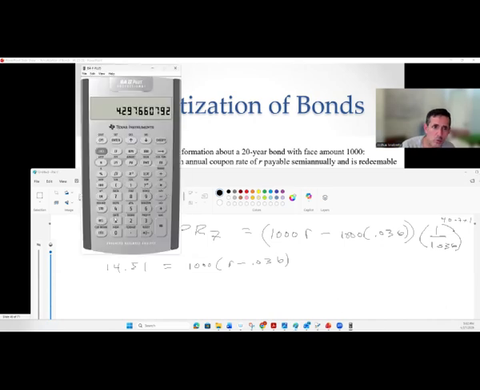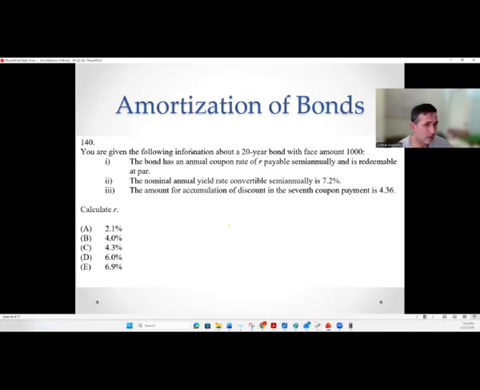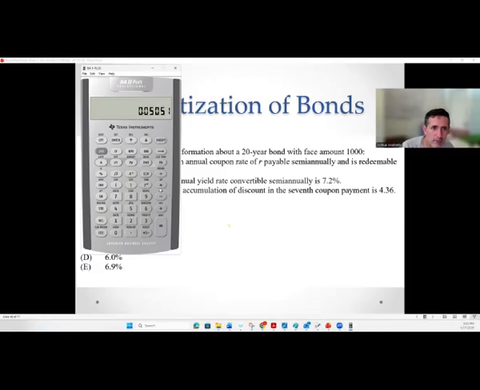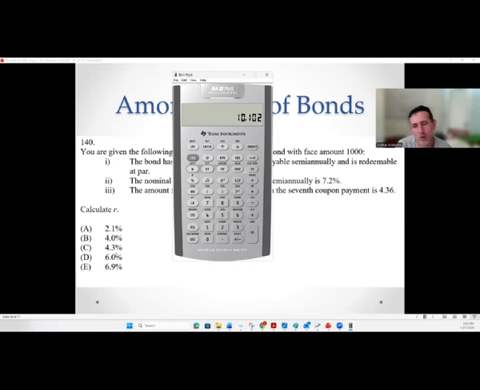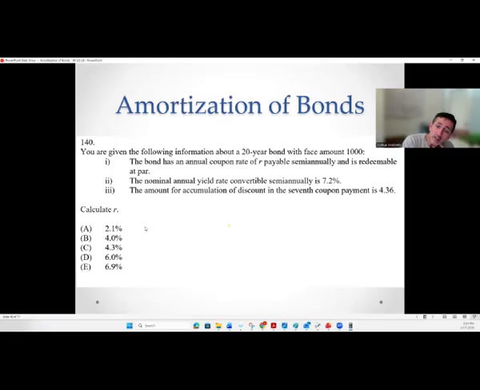So you do 14.51 over 1,000 plus 0.036, 5%, and that's not here. Well, I forgot to multiply by 2. Well, that's 10.10%. That's nowhere near anything. So you get something way off if you forgot the minus sign. So don't forget the minus.